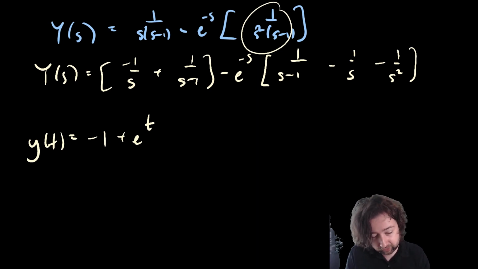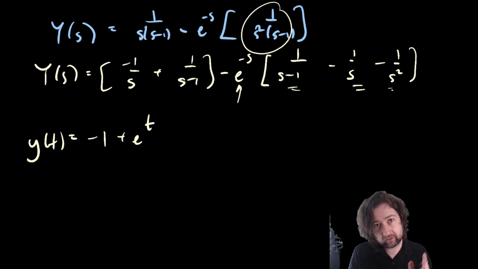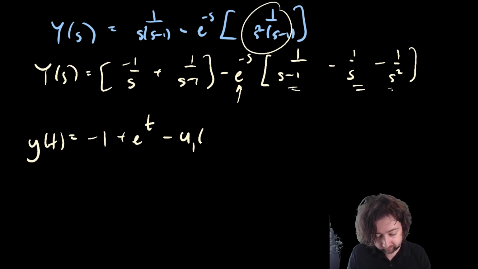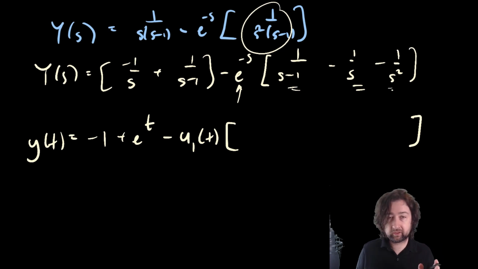Now, what we're going to do with the rest of these is we're going to have a unit step function that corresponds to this. And then we're going to have to shift the inverse Laplace transforms of all of these. The unit step function that corresponds to e to the minus s is u1. And then what happens to the stuff inside? 1 over s minus 1 came from e to the t.